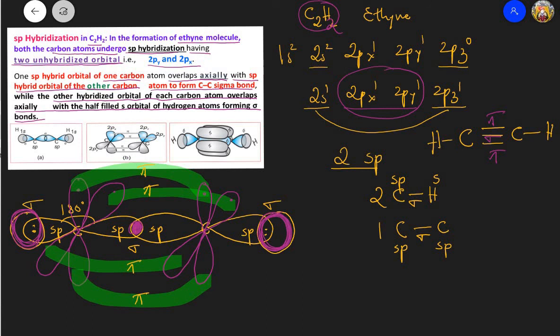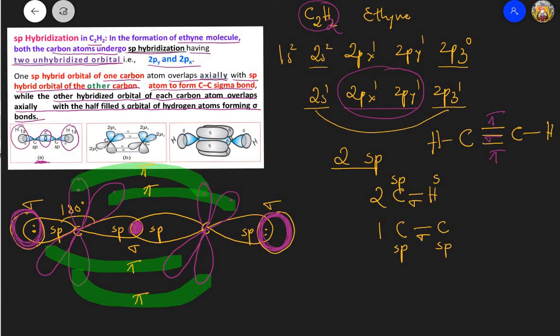And if you see the diagrams A, B, C, in A we have sp of one carbon and sp of another carbon overlapping to get a sigma bond, and the other lobe will be overlapping with hydrogen.